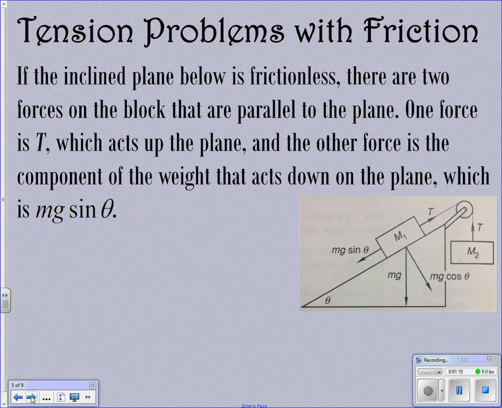One of them was the tension in the rope, and the other was the component of the weight acting down the plane, which is mg sine theta, pulling it back down the plane. So those are the types of problems that we've already looked at. And now we're going to look at some dealing with friction.